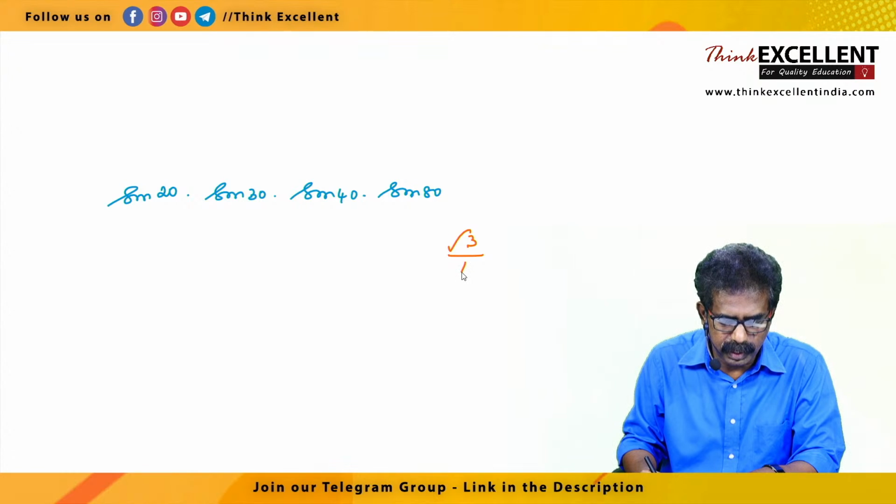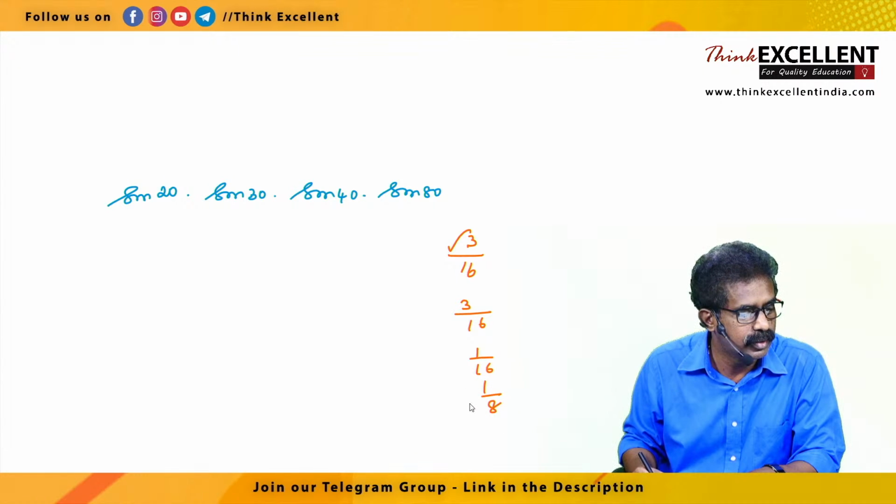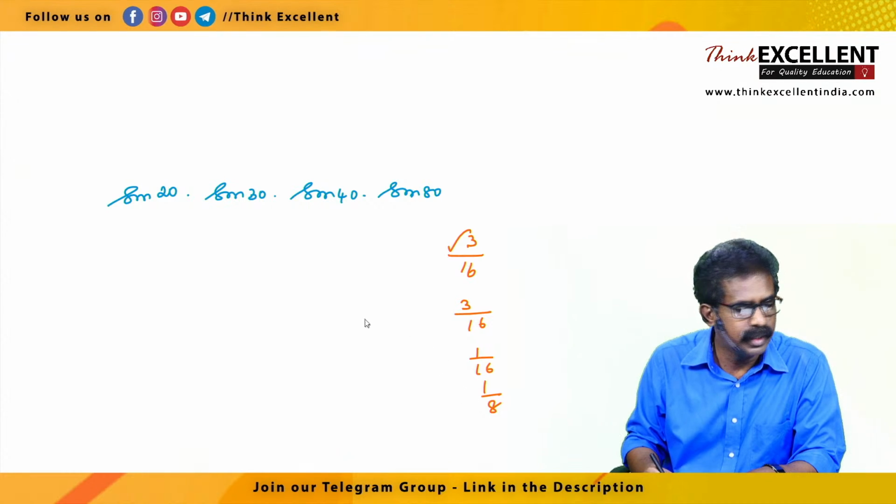One option, root 3 by 16, 3 by 16, 1 by 16, 1 by 8. Many students got 1 by 8, so I'm writing 1 by 8 also. Okay, let us see.